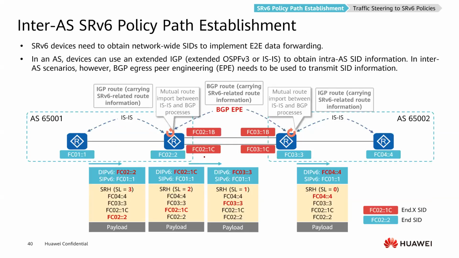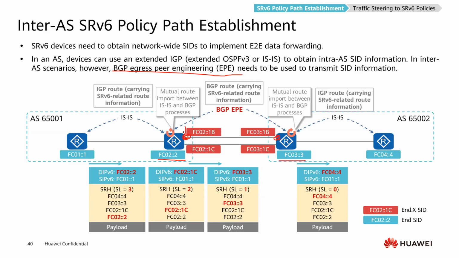Between ASes, we will also use BGP EPE technology, as we mentioned yesterday. EPE will assign an End.X SID to the BGP peer. For example, this router and this router created two neighbors.